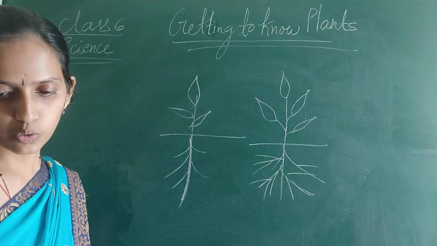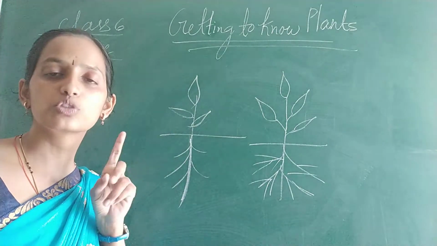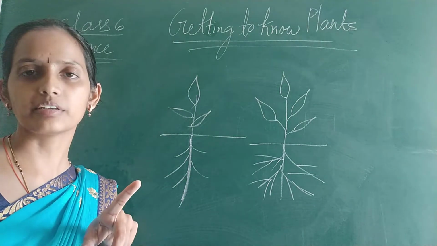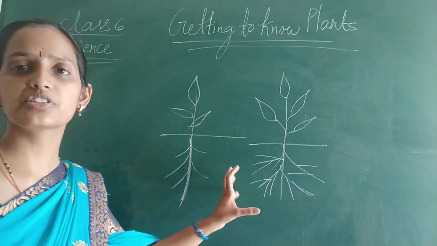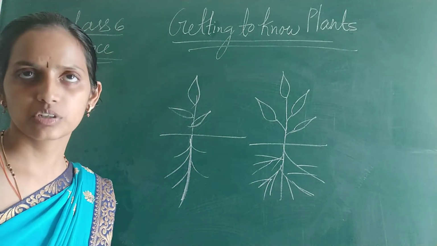So we have two types of root system in the plant body, and based upon this structure we differentiate the types of roots.